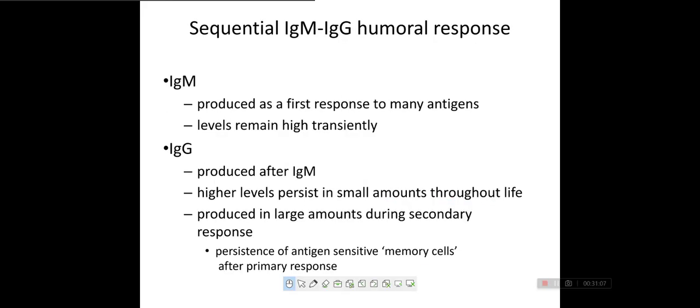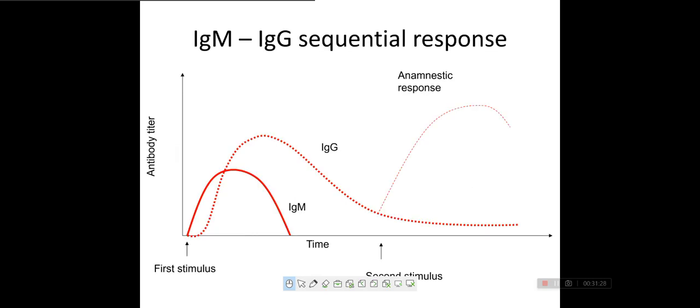Right? Sequential IgM and IgG humoral response. IgM is the primary response. The level of IgG increases in the secondary response, produced after the IgM. It is present in smaller amounts throughout life and produced in a larger amount during the secondary response. I already told you this. See, this is the graph of IgM and IgG.